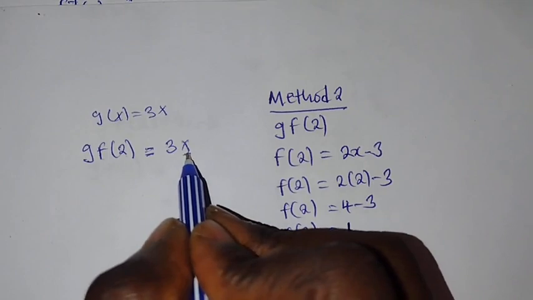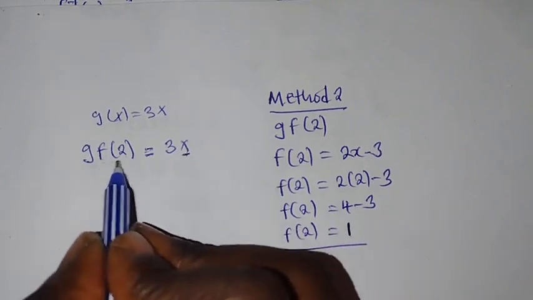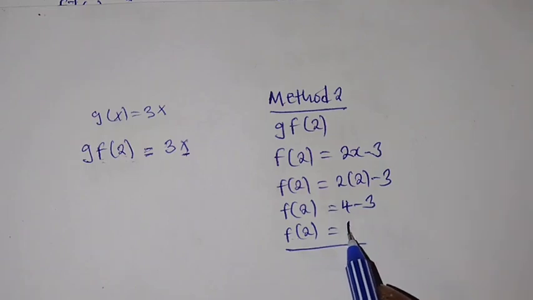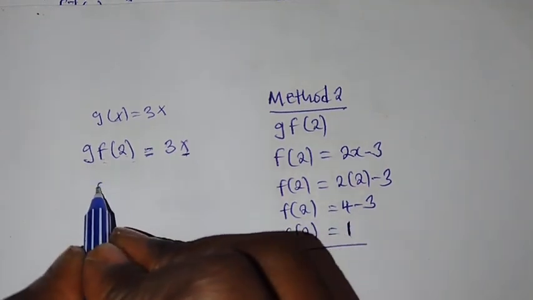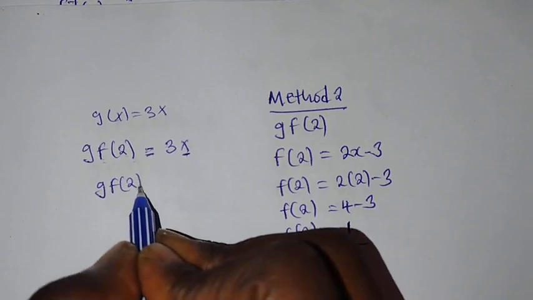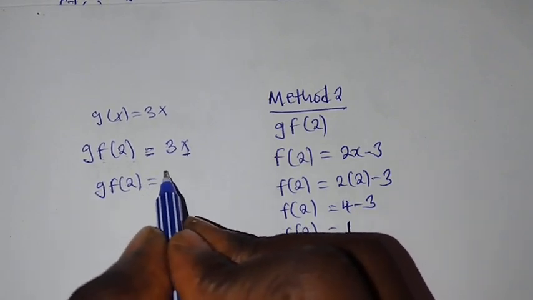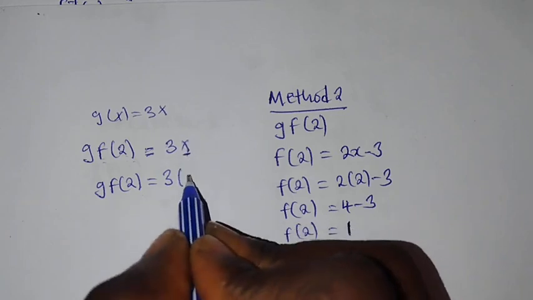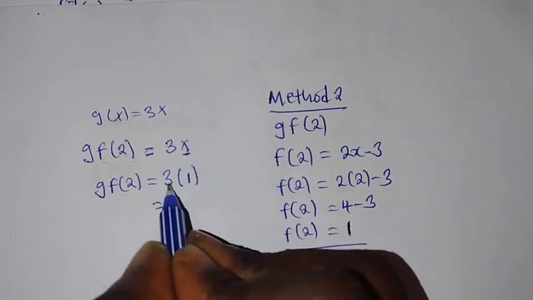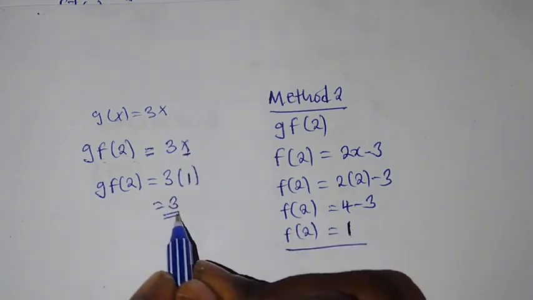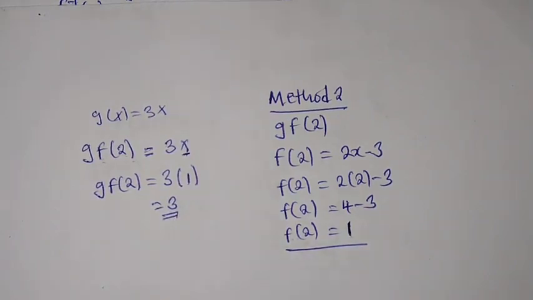Now on this x, we are going to substitute with the value of f of 2, which is this one that we have found. So we are going to say gf of 2 equal to, so we have 3 open bracket, where there is x, we put a 1. So 3 times 1, it's a 3. This is our answer. So you can see that the first answer that we found, it was the same.